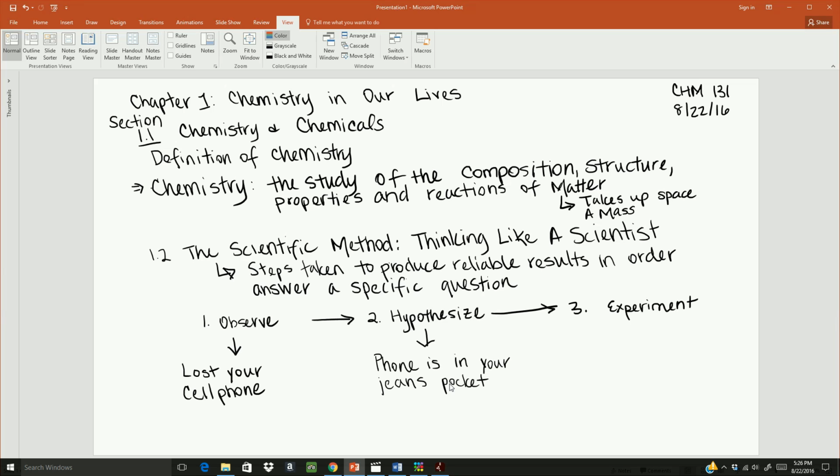The computer's being a little slow right now. So that's your hypothesis. And the hypothesis is a statement that potentially answers your observation here. So then, in this case, your experiment would be to check your pocket.